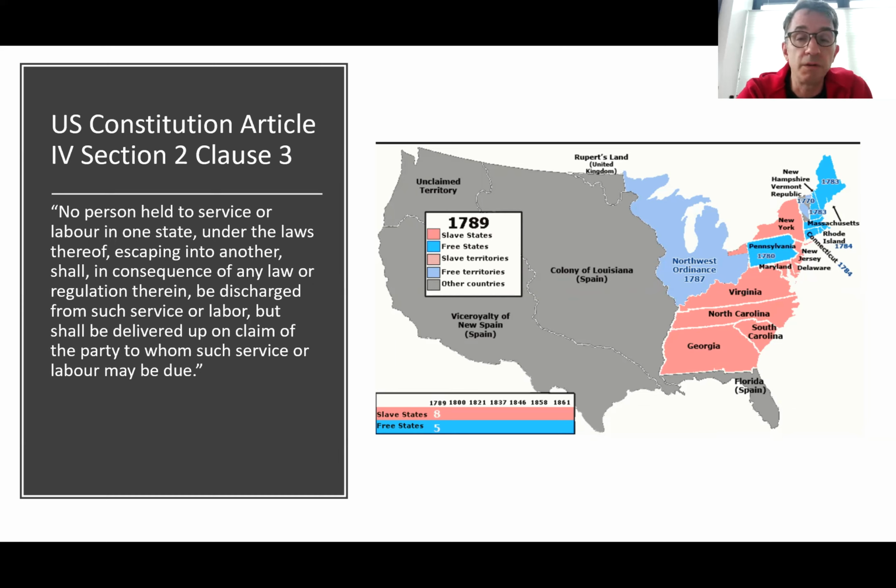What this language is designed to accomplish is to ensure that anyone who is enslaved in one state who makes their way to a state where slavery is outlawed is not going to be free as a consequence of having got into that free state.